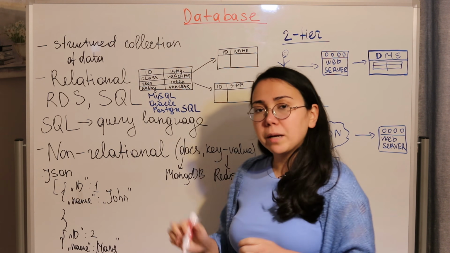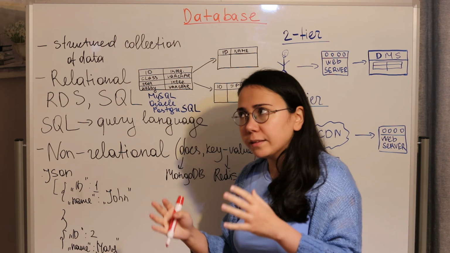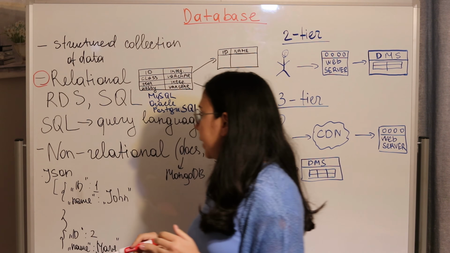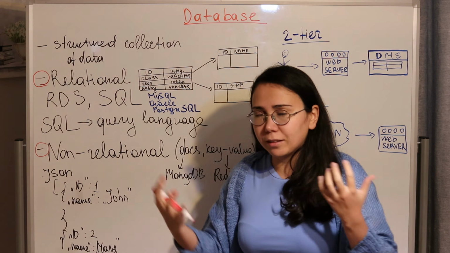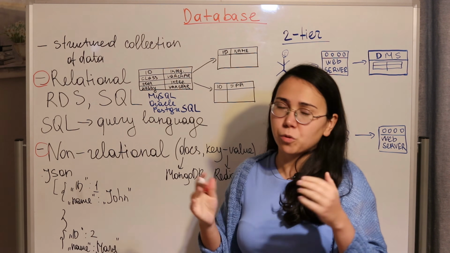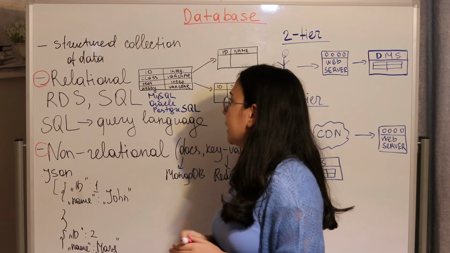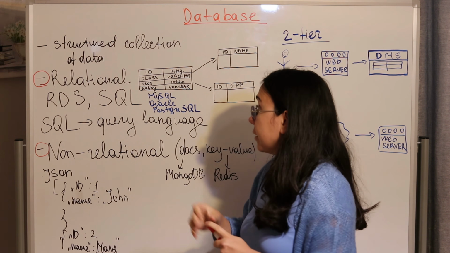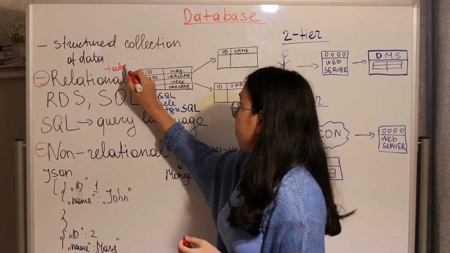And there are two types of databases, depending on how they are presented and how they are treating the data. There is a relational database, and there is a non-relational database. You might have guessed, okay, relational database, there is some relation. And obviously your guess was correct. To start with, a relational database is always in tabular form.